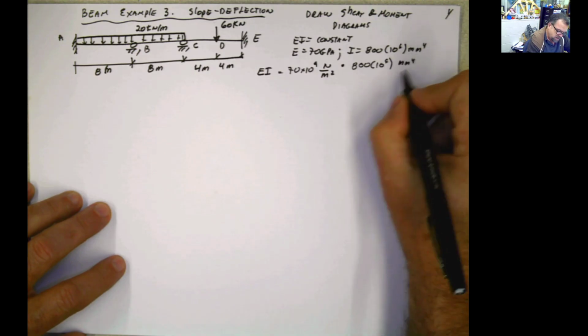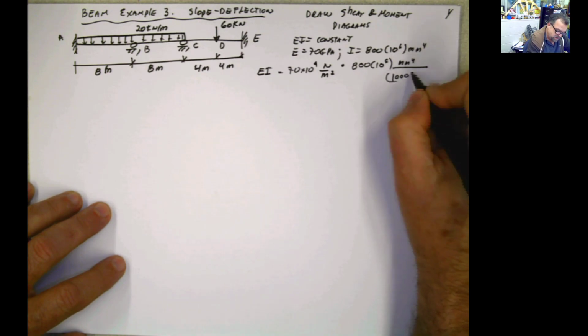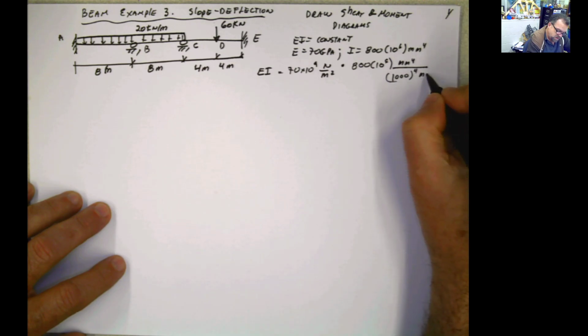To convert this into meters to the 4th, I'm going to divide by 1,000 to the 4th, because 1,000 millimeters to the 4th are the same as meters to the 4th.